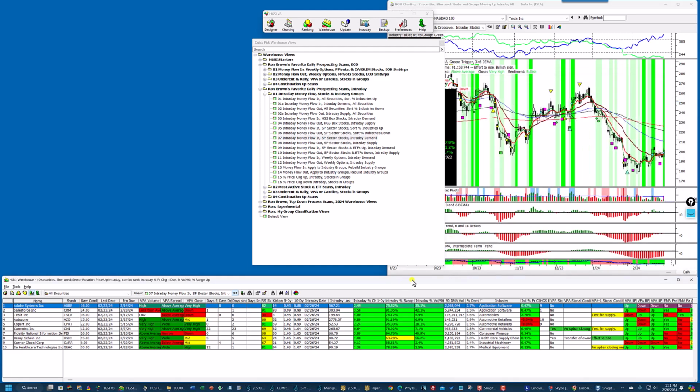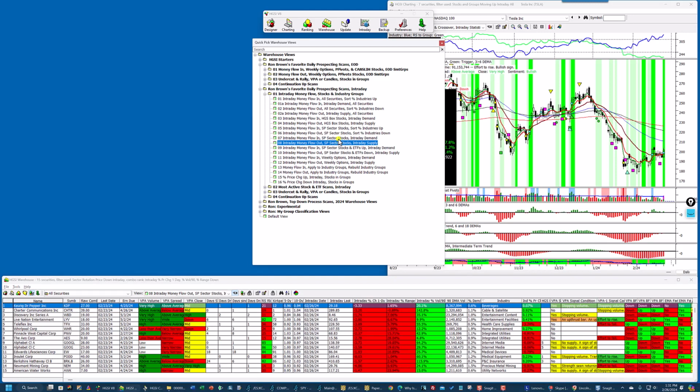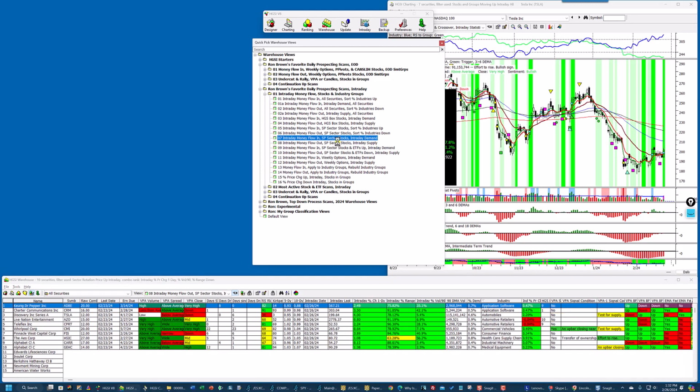These sector stocks are the stocks that are in the S&P 500 sectors, the component stocks of those sectors. They're very good to see where the money flow in and out is.